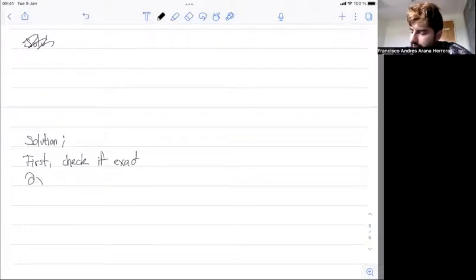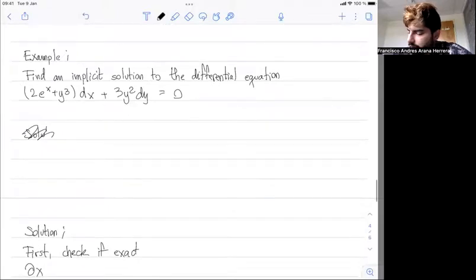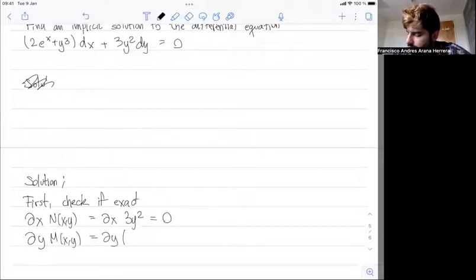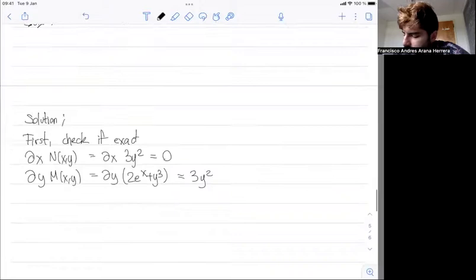We compute the partial x of the N function and the partial y of the M function. The partial x of N is the partial x of 3y^2, which is equal to 0, because there's no x there. And the partial y of M, the partial y of 2e^x + y^3, is 3y^2. You see that these two partials do not agree, so the form is not exact.